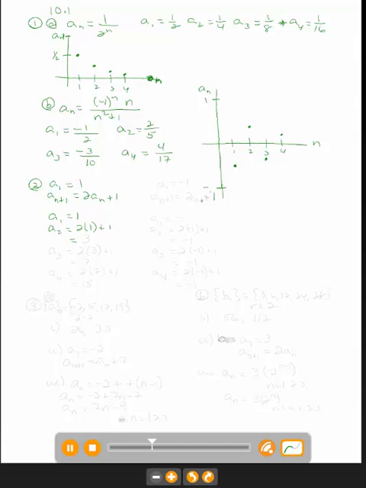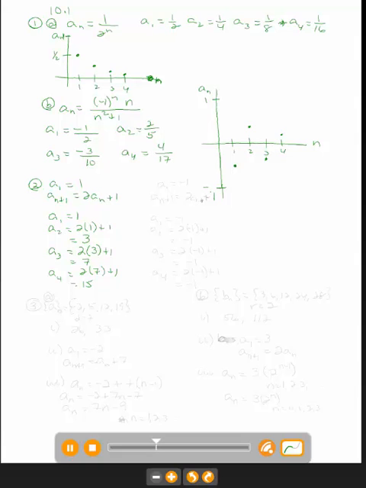So that's going to give me 2 plus 1 is 3. Then I go to the third term, and I'm going back to that formula. It's 2 times the previous term, which the answer was 3, plus 1, so I get 7. Now when I go to the fourth term, it's 2 times the previous term plus 1, so I get 15.